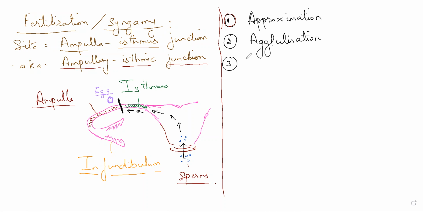The third is depolarization. The membrane of the egg becomes depolarized.